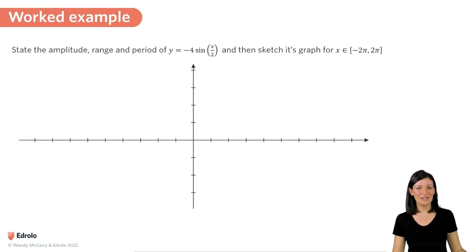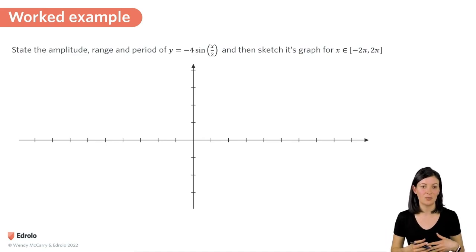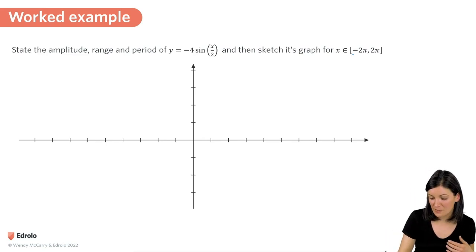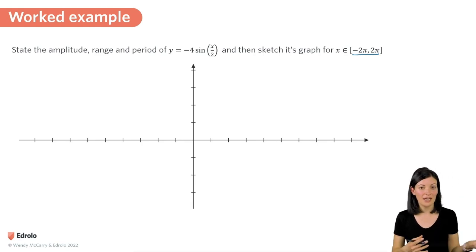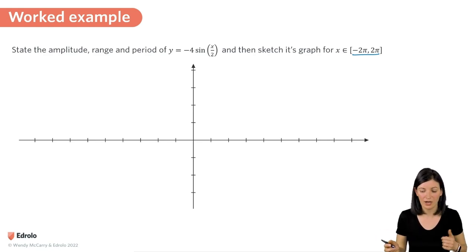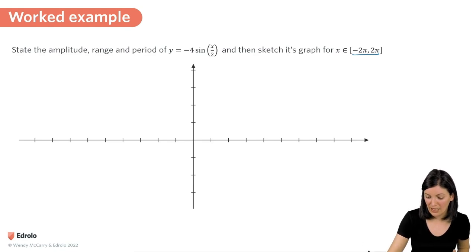Okay, so let's take a look at graphing a function y equals -4 sine of x on 2. In this case, my domain is going to be between -2 pi and 2 pi. Okay, so we'll start the same way we've started the other ones. We're just going to look at the value of a and the value of n and what that tells us about the graph. Okay, so a in this case is -4.